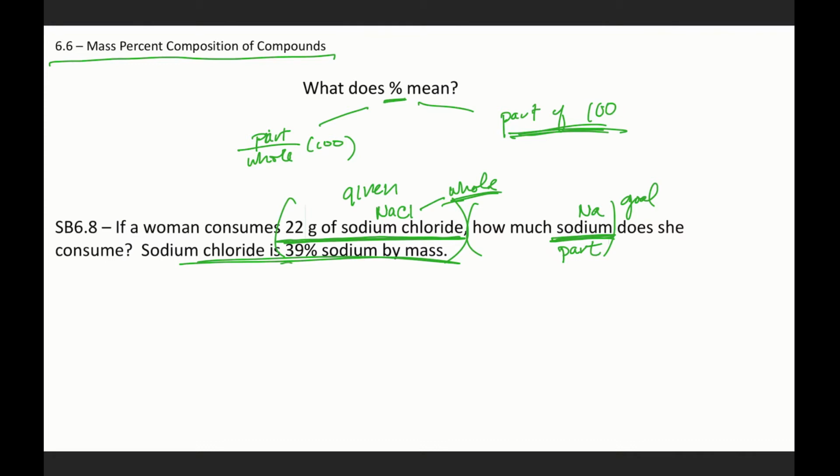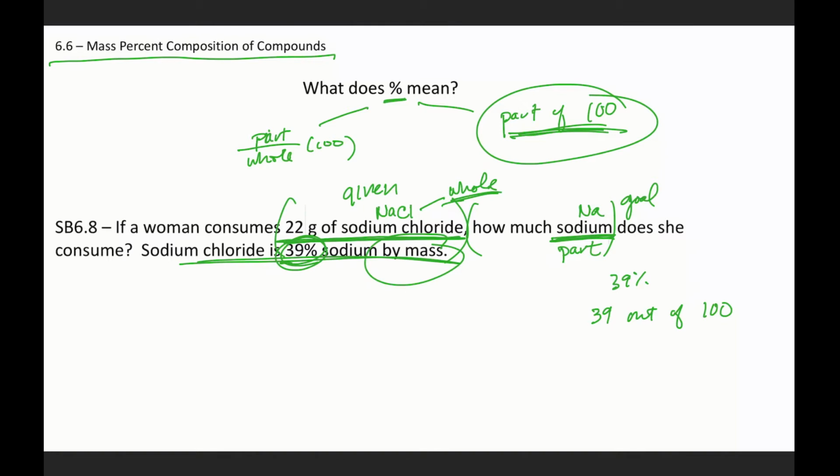So if we already have a percent, that takes us here. When I say 39%, what I mean is that 39 out of 100 of whatever unit we're talking about is sodium. Since we're talking about by mass, I'm saying 39 grams out of 100 grams are sodium.